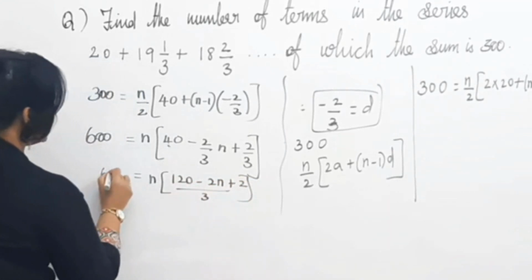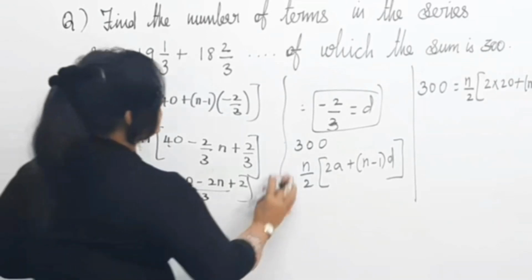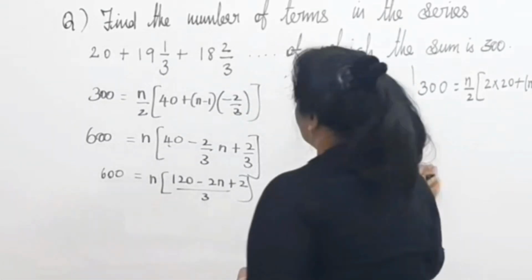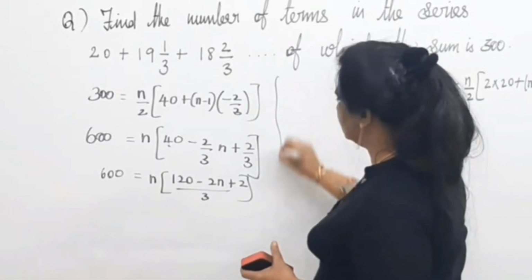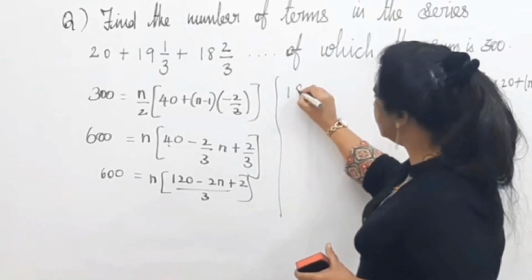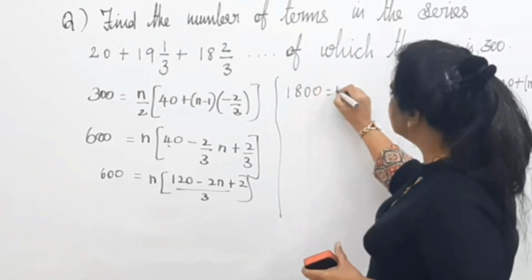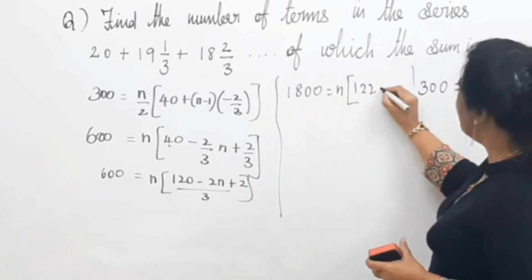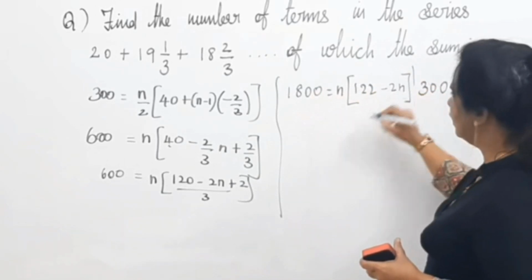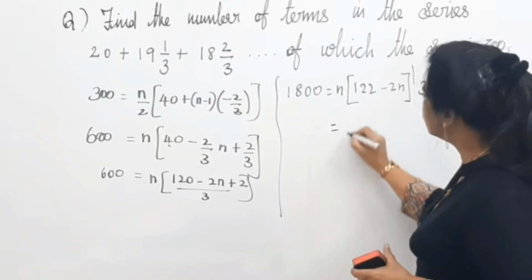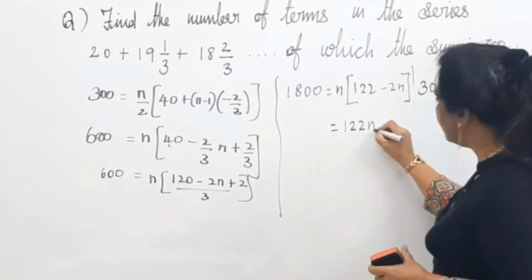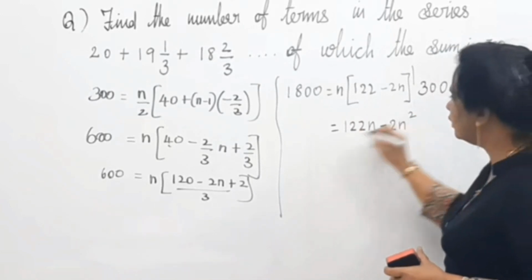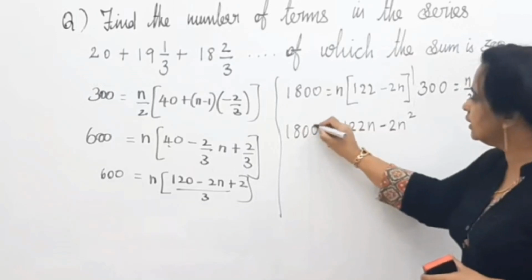That's equal to 600. Now on simplification, 600 into 3 is 1800, which is equal to n into 122 minus 2n. So that is equal to 122n minus 2n square is equal to 1800.